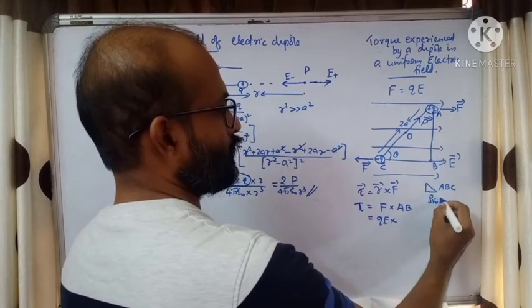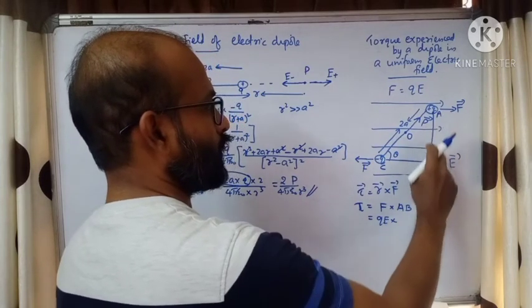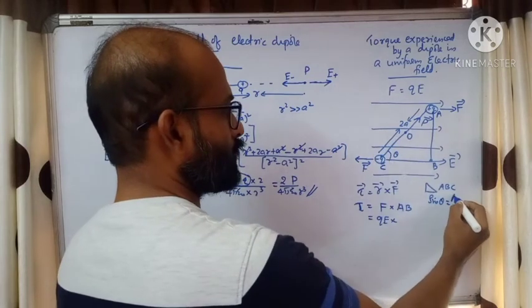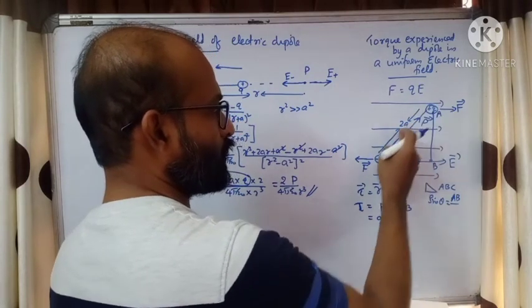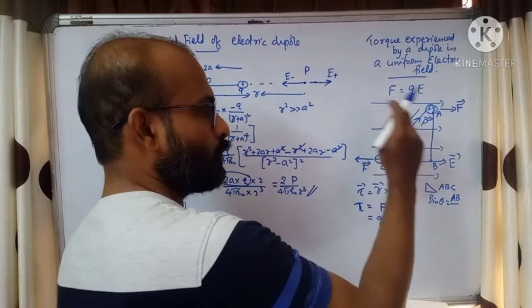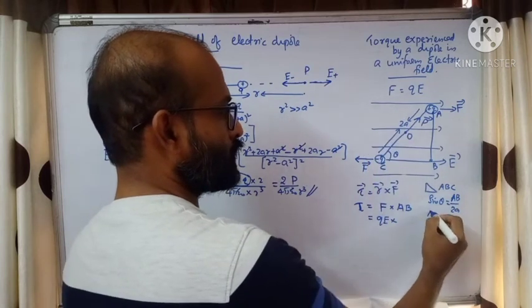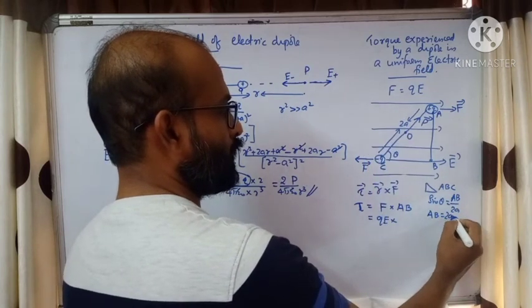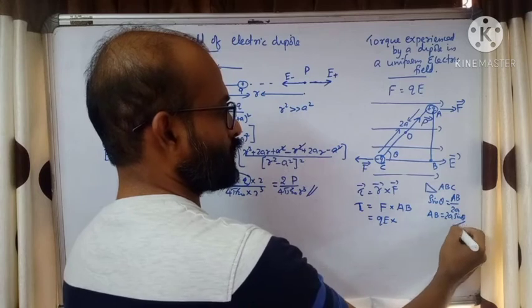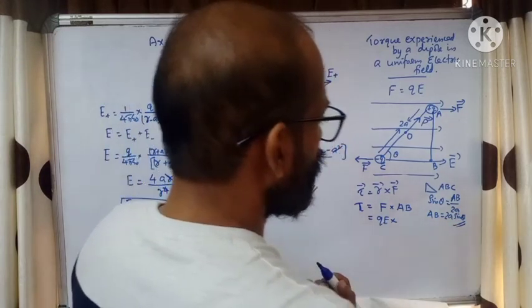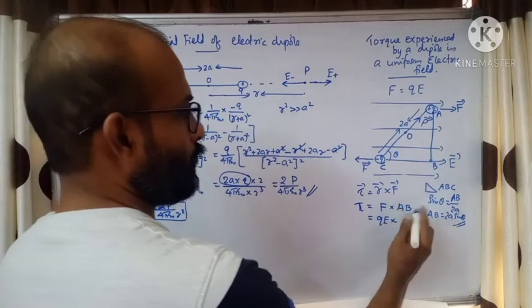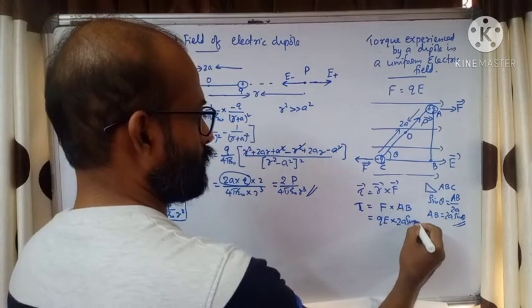Sine theta means opposite side by hypotenuse. The opposite side is AB, the hypotenuse is AC. The length of AC is the dipole length, 2A. So AB is equal to 2A sine theta.